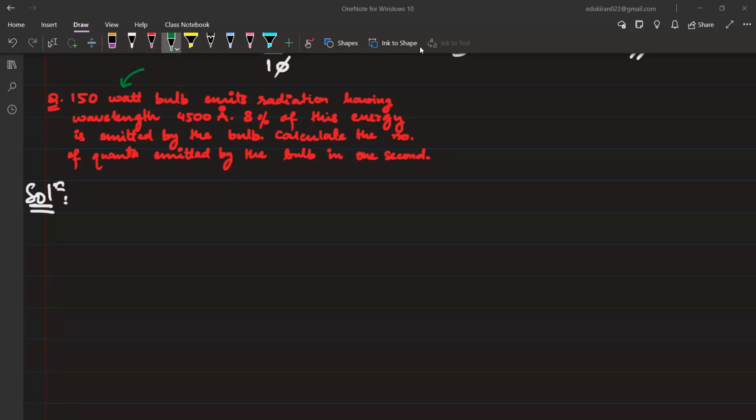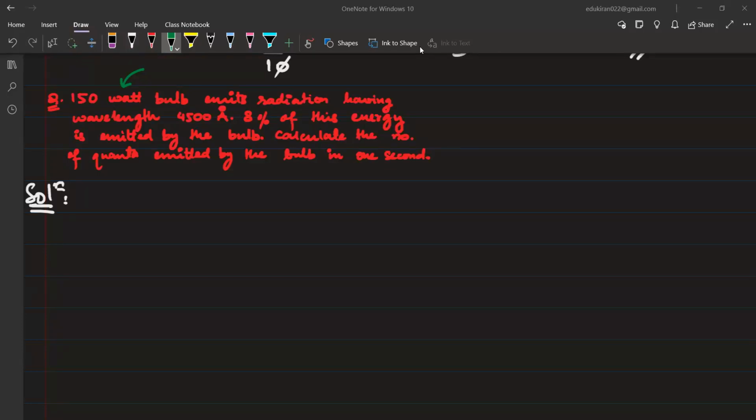For example, in current electricity you must have studied, volt is the unit for potential difference, ampere is the unit for current. Watt is the unit for? Yes, Ilham? Electric power. Very good, correct.